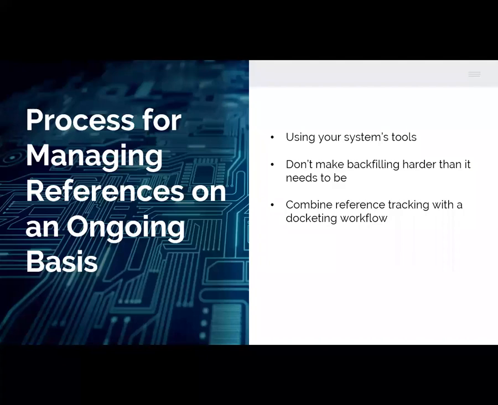To give you a little background on the way these tools typically work, usually on a matter by matter basis, you keep a list of the citations that have previously been cited or that you're aware of and need to consider to determine if they should be cited in that matter. So you have a list of references tied to an individual matter.